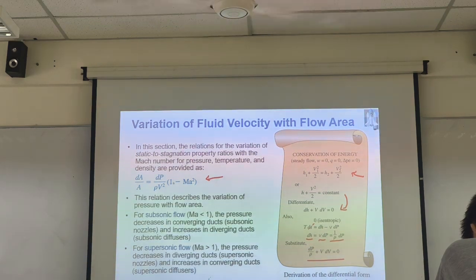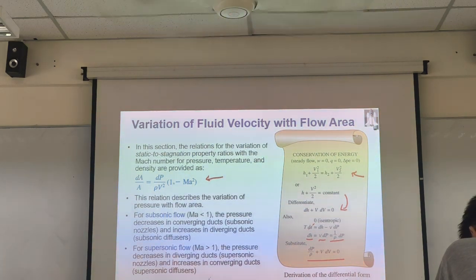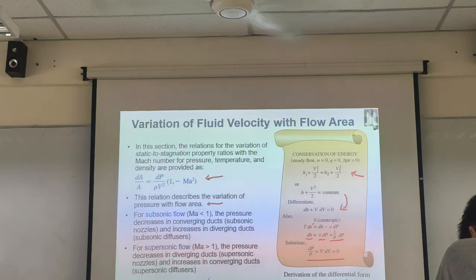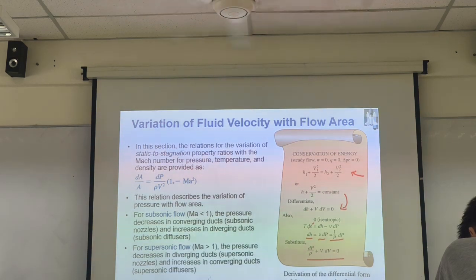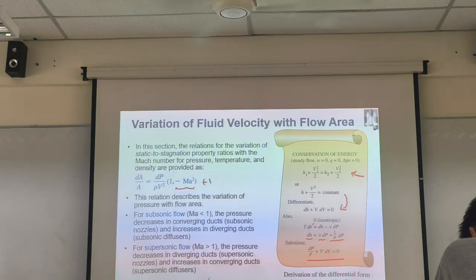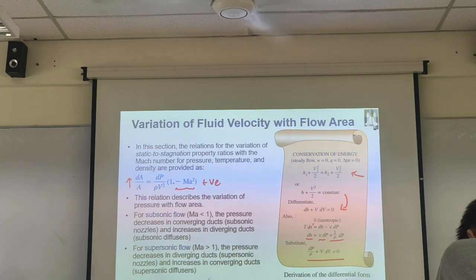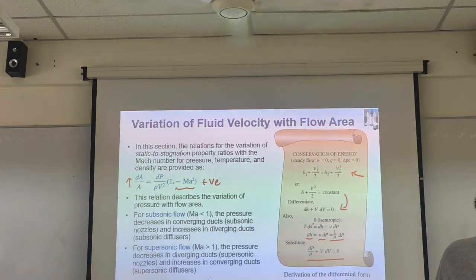Okay, so let's look at this. This relation describes the variation of pressure with flow area. For subsonic flow, the normal flow that we deal with, Mach number less than 1, this value is positive.